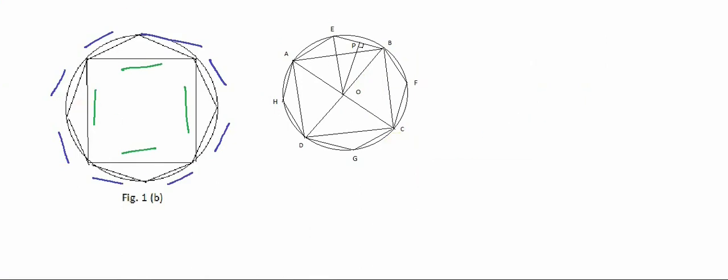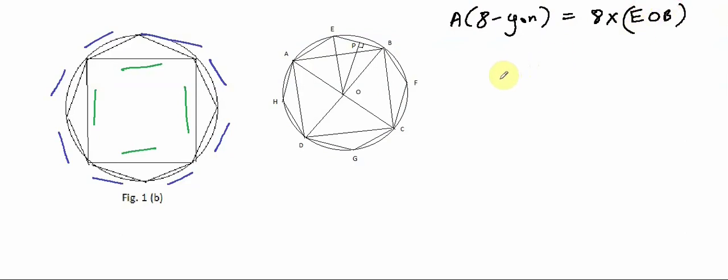Here, what we have is 8 sides, an octagon, and the area of the octagon AEBFCGDHA is equal to 8 times the area of a certain triangle, like EOB.